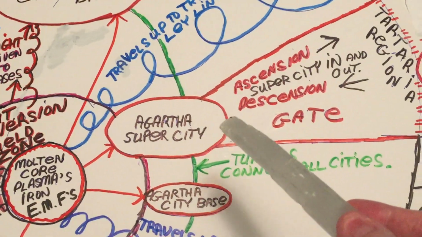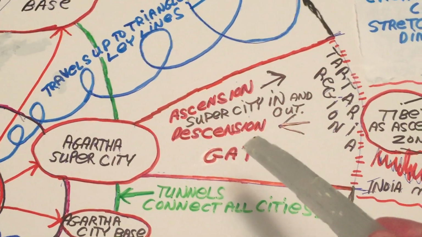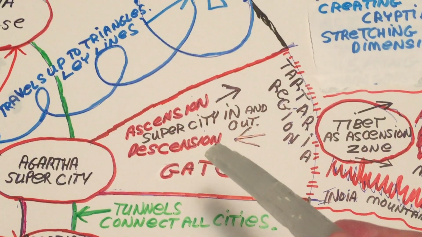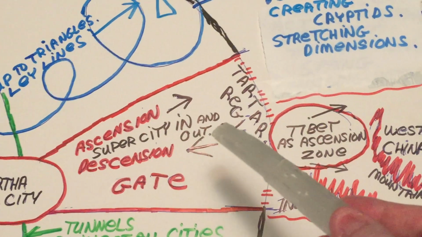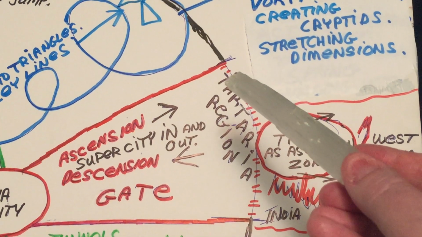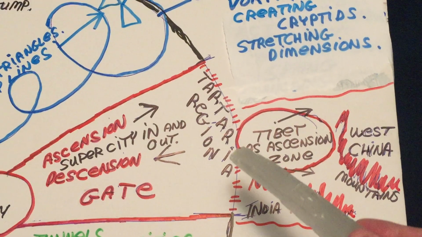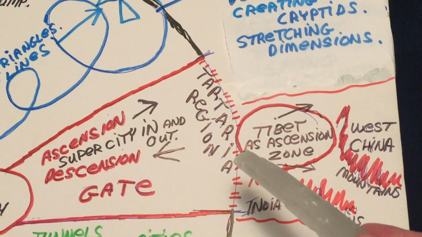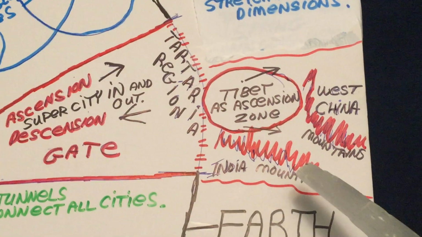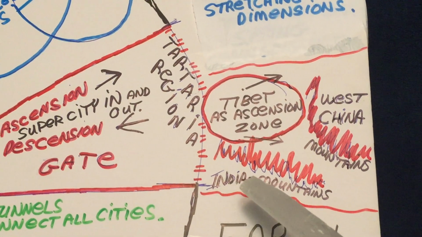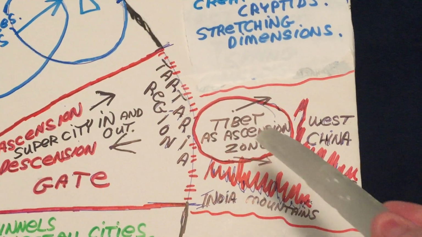And there is a super astral gate of ascension, descension, using the various dimensions of the quantum realm. It's situated over an area, one part of it is known as Tartara, where people see strange phenomena, and the other part of it is found just above the Himalayas in the region of Tibet.